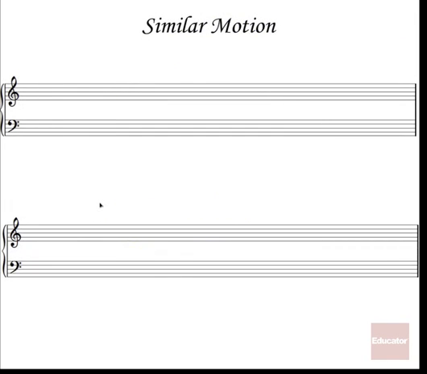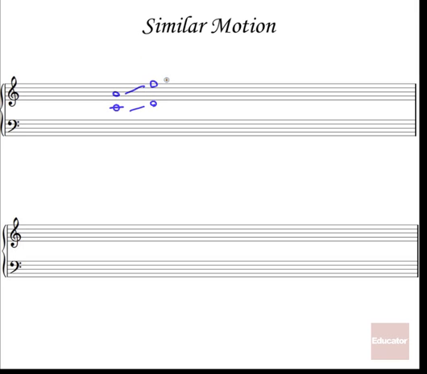Okay, the next kind of motion we will look at is similar motion. So let's start out with that sixth that we just left from. So we had this C and an A. And let's say this time the C goes up to a D and the A goes up to an F. So similar motion means that the two voices are moving in the same direction but not by the same interval.